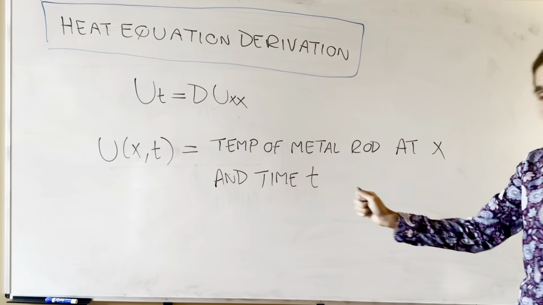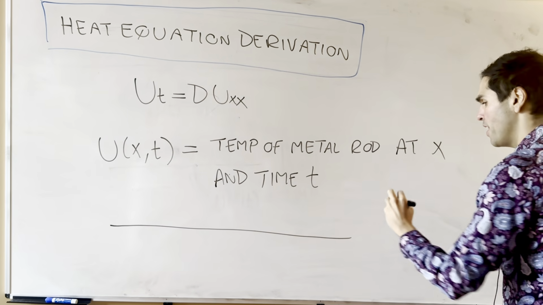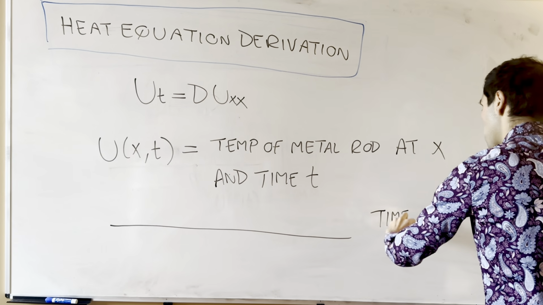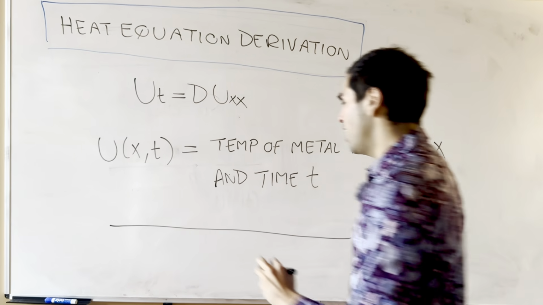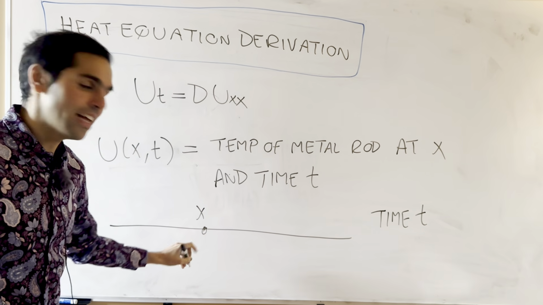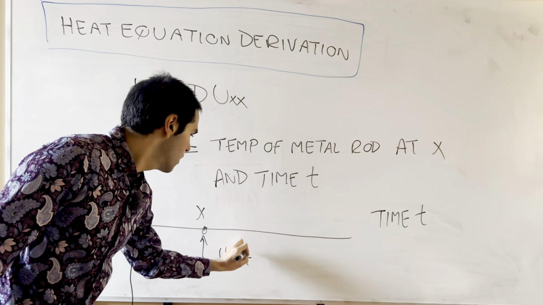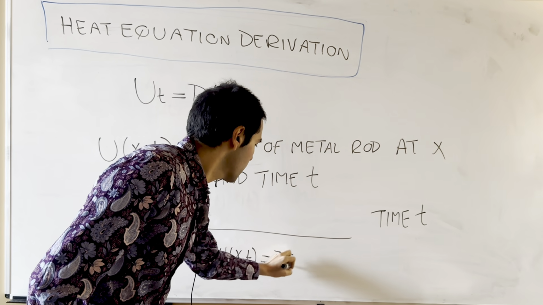In other words, if you have an infinite metal string and you're at time t, and you want to figure out how hot is this point x, well, the answer is u(x,t), which gives you the temperature.